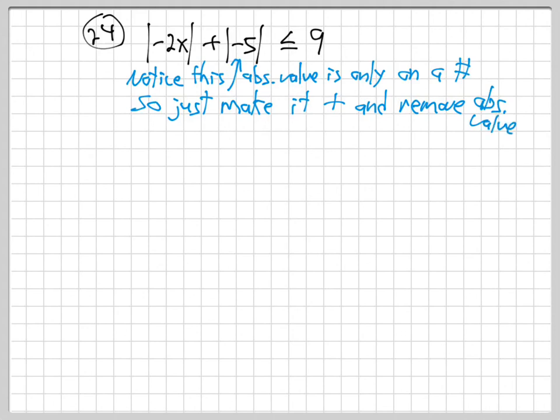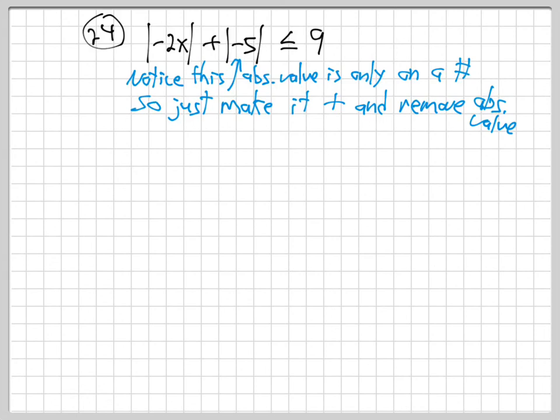Do you notice that? Can you read my scribbles up there? So notice that the second absolute value, this is question number 24, is just on a number. If there's no x, there's an x on the first one, and we'll need to do our normal thing with that one. But for that second one, that's just a number. What's the absolute value of negative 5? It's just 5. You don't need to do any fancy stuff with that.